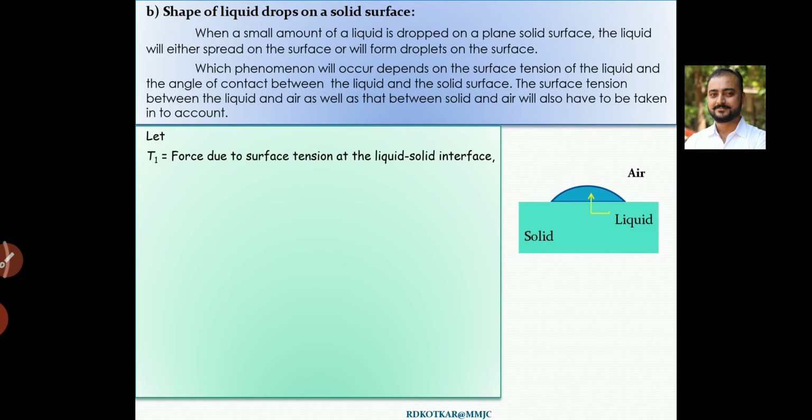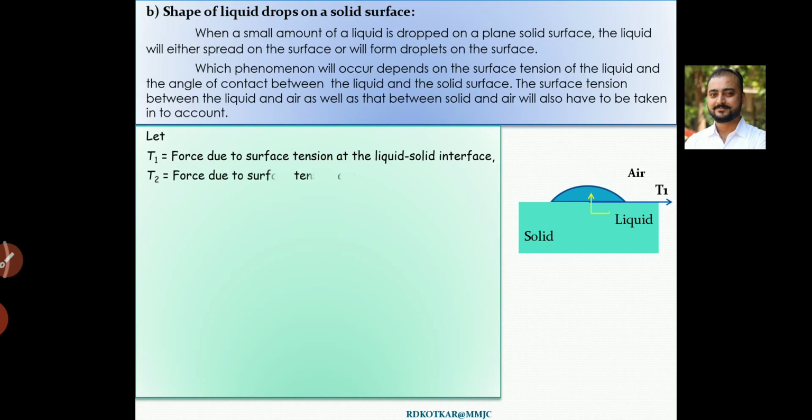So we consider that there is surface tension between the solid and liquid, shown here like this. T1 is the force due to the surface tension at the solid-liquid interface, which means where the solid and liquid are in contact, the force developed there is called surface tension, and that is your T1.